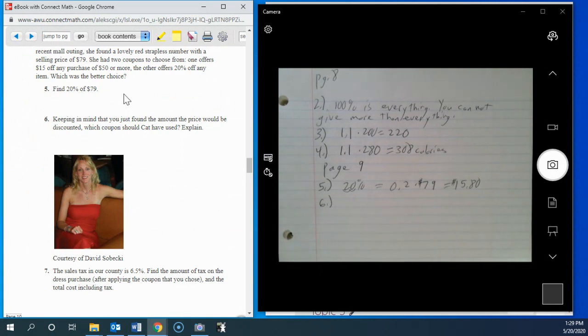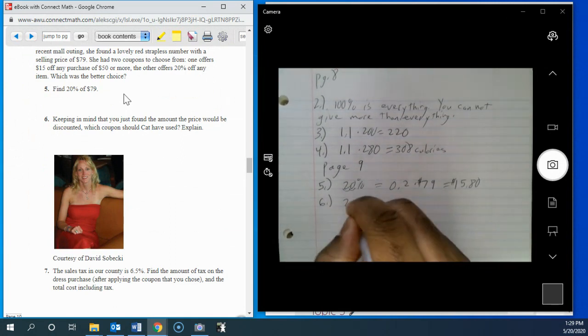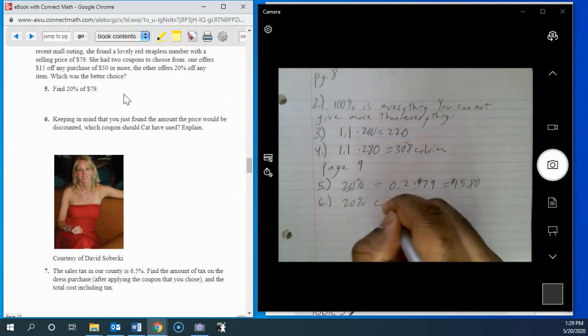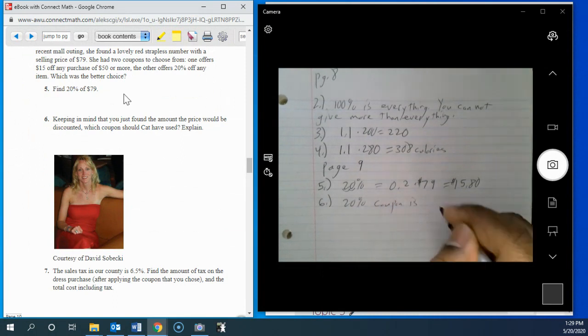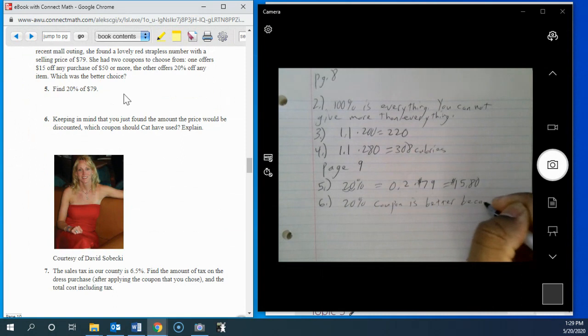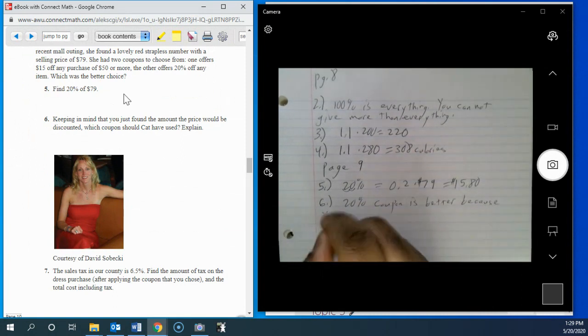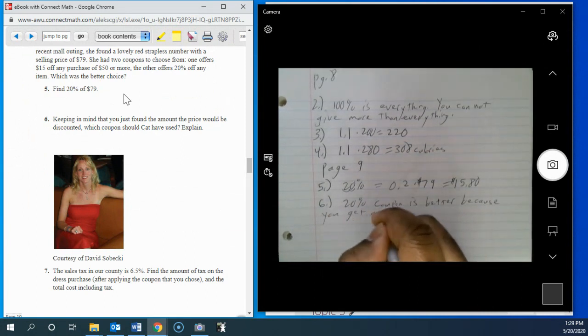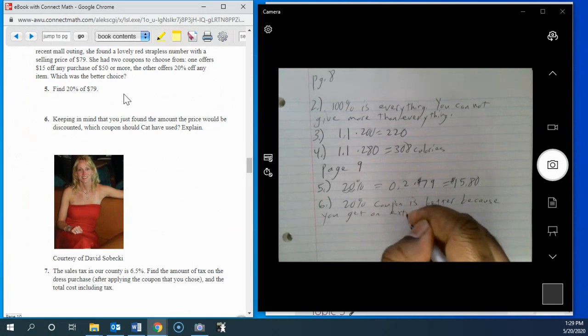So we know in shopping, the more you get off, the better it is. So it'd be better for you to use the 20%. The 20% coupon is better because you get an extra 80 cents off.